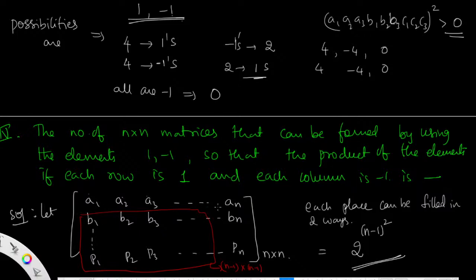So total 2 to the power of n by n, if each and every element is 1 and minus 1, we get 2 to the power of n by n.